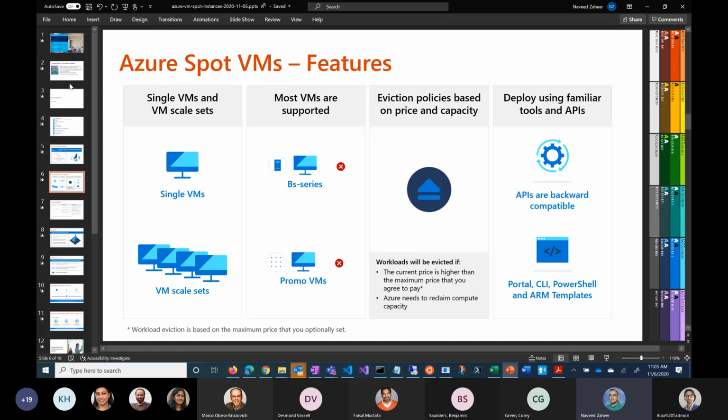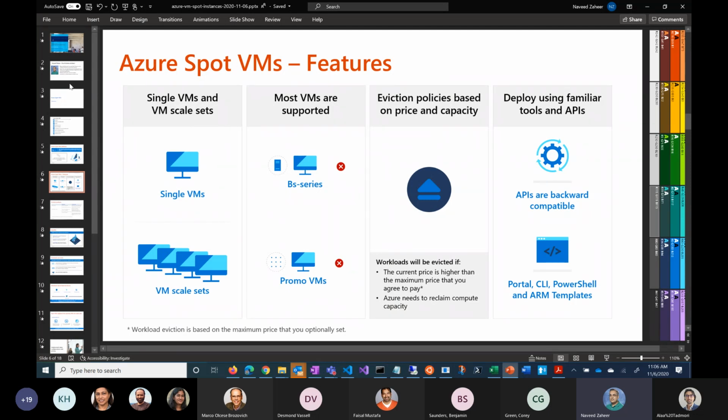Eviction policy is very important to understand. Either the demand is high enough that we will ask you to pay a higher price for those resources, or we need extra capacity and need to take back those compute resources.